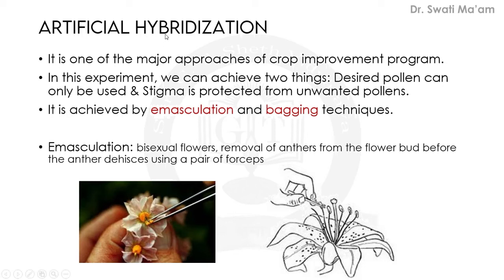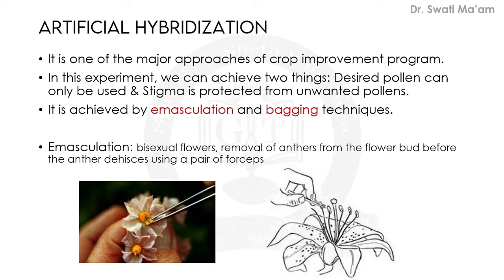This is an experimental technique and one of the major approaches of crop improvement programs. In such crossing experiments, it is important to make sure that only the desired pollen is used for pollination, and the stigma is protected from contamination.